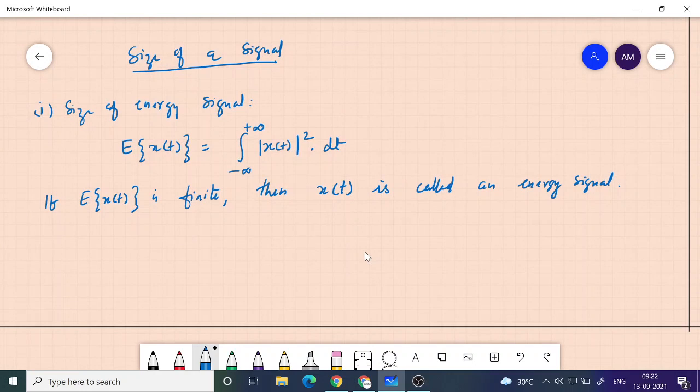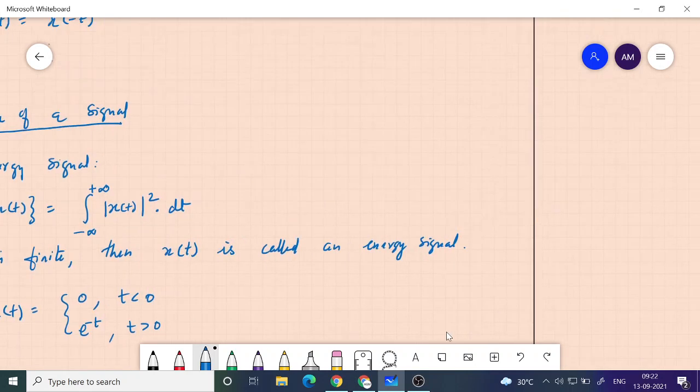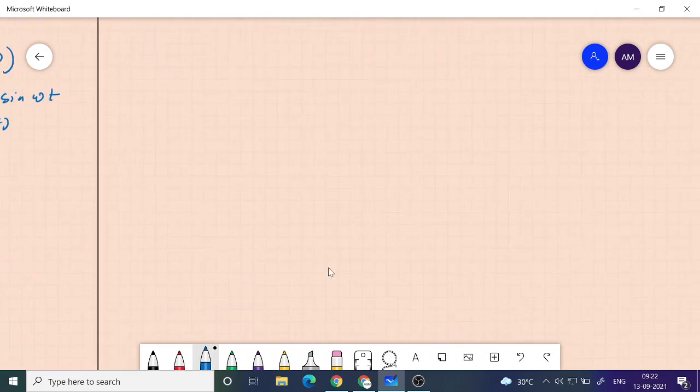So let's take an example. Let me write it like this: x of t is equal to 0 for t less than 0, and it is equal to e raised to minus t for t greater than 0. So the first thing is plotting this signal. How to plot this signal?